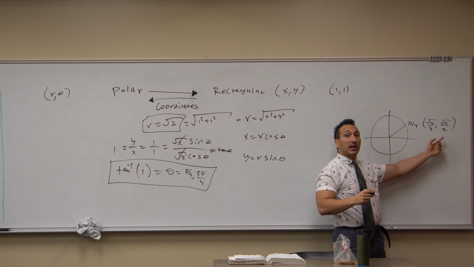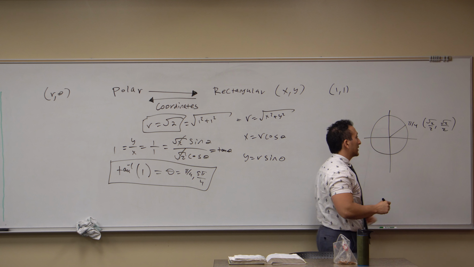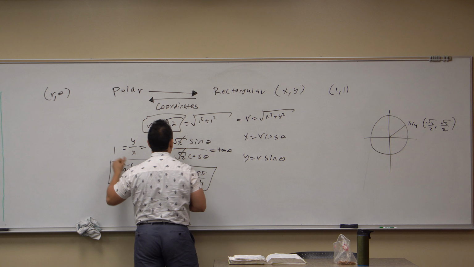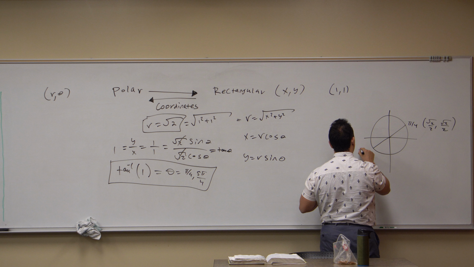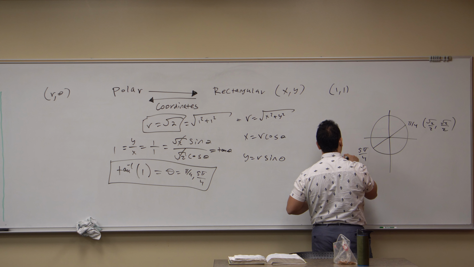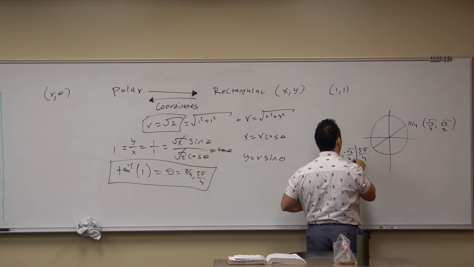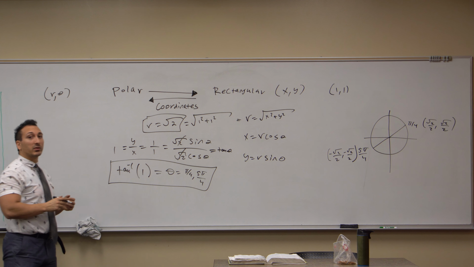So since tangent is sine over cosine, root 2 over 2 divided by root 2 over 2 will equal 1. And that's why the tangent is 1 here. But there's another location at 5 pi over 4, directly across here, where the cosine and sine are negative root 2 over 2, negative root 2 over 2. Their ratio is also 1, because anything divided by itself is 1.